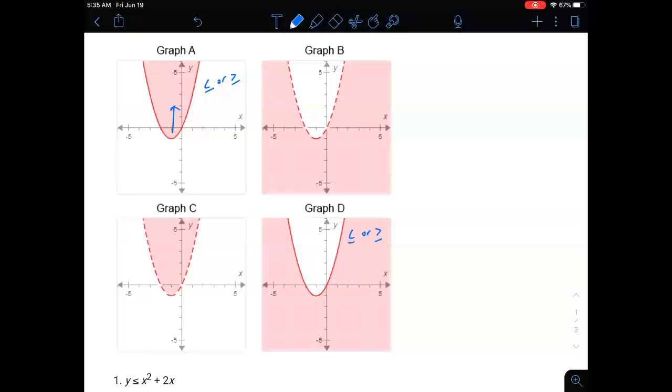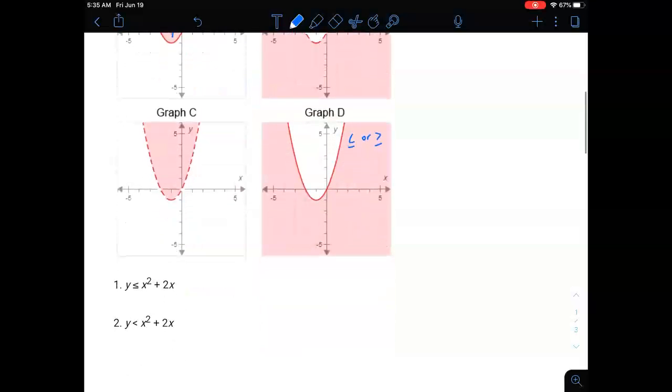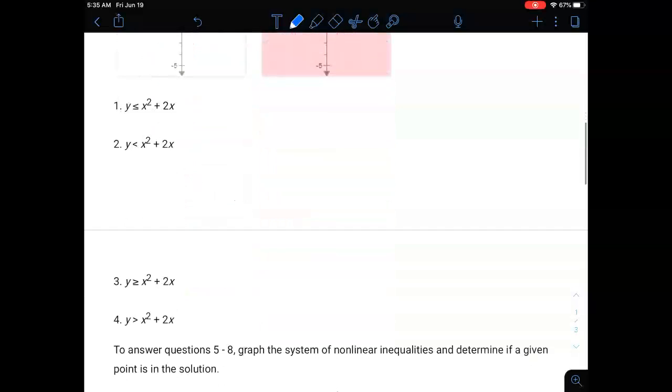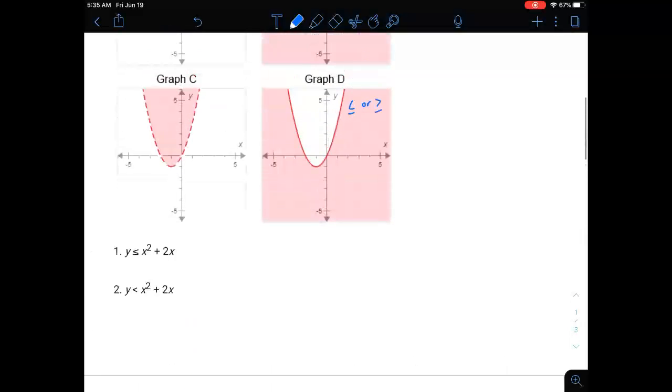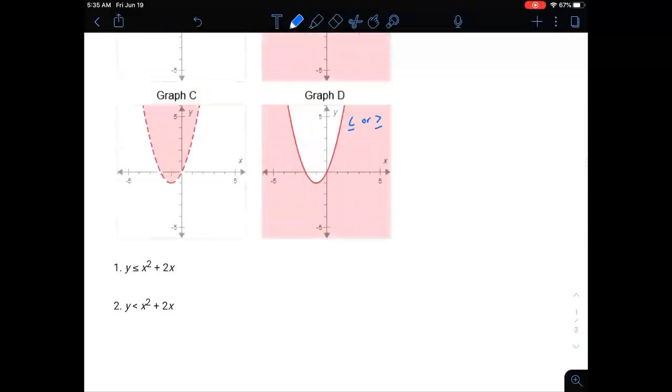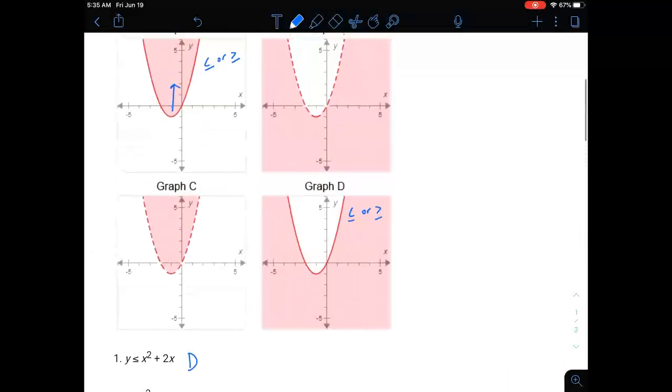So to me, that is greater than. So y has to be greater than. So the answer for this one is y is greater than or equal to that following expression. So that is graph A, which means that the only option for graph D is y has to be less than or equal to. So this one here is graph D.